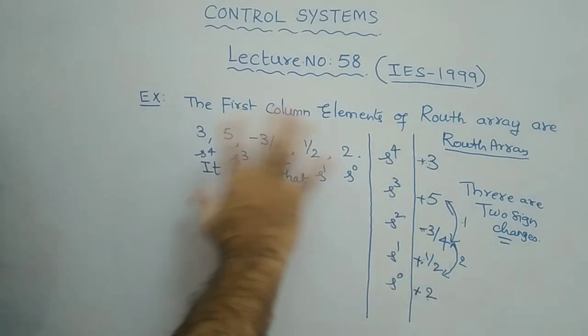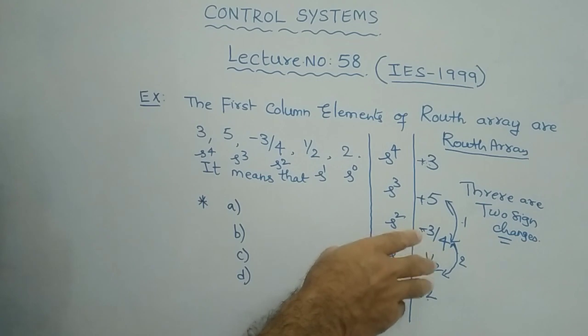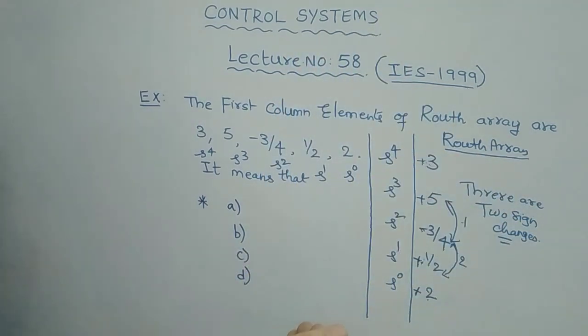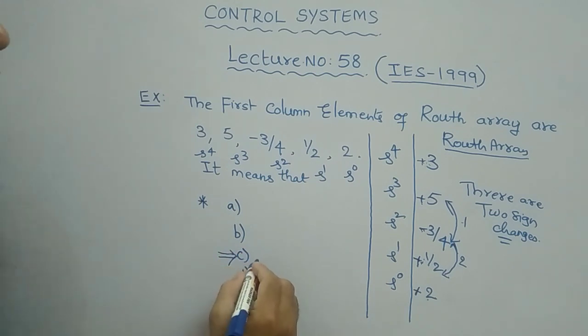Therefore, as far as this problem is concerned, 2 sign changes are there, meaning 2 roots are there on the right side of the S-plane. If you see the options, option C, if you refer to my previous presentation, there are 2 roots in the right half of the S-plane. Your answer C is correct.